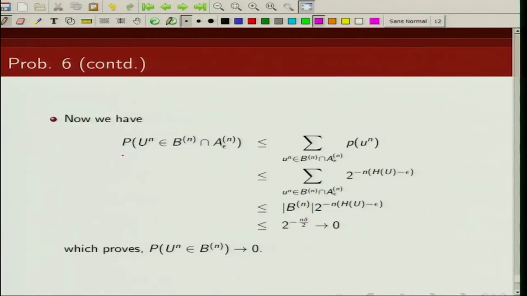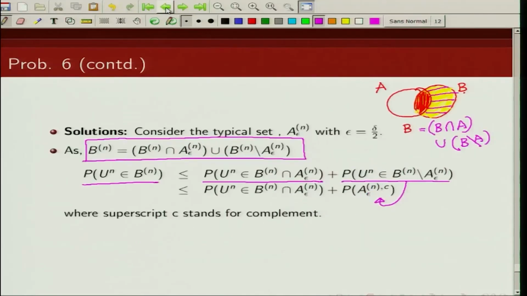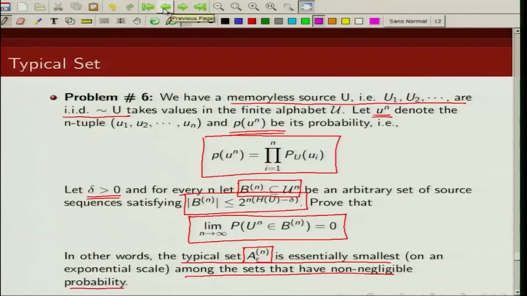Now what is this probability? This probability can be upper bounded by the summation of P of Un, where Un is in the intersection of Bn and the typical set. Now the cardinality of Bn is, if you go back, less than 2 raised to power n (h of u minus delta).